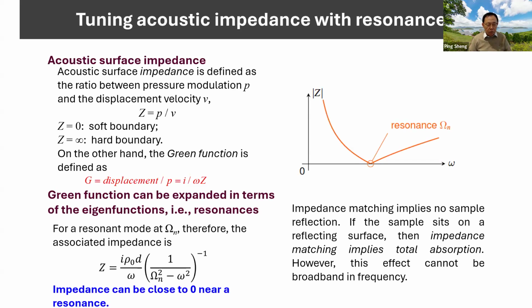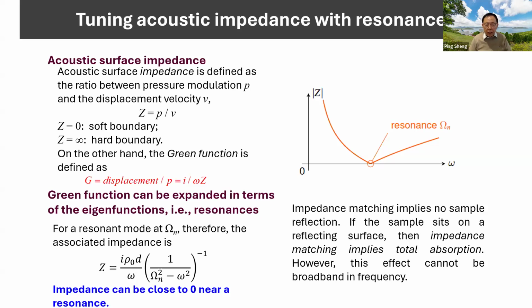They are in a form, for example, for a single resonator, of 1 divided by big Omega squared minus small omega squared, where big Omega is the resonator resonance frequency and small omega is the incident wave angular frequency. And Z is the inverse of that, multiplied by rho naught d, the sample thickness, divided by omega, multiplied by i. Okay, that's important.